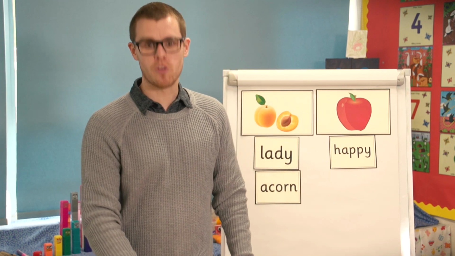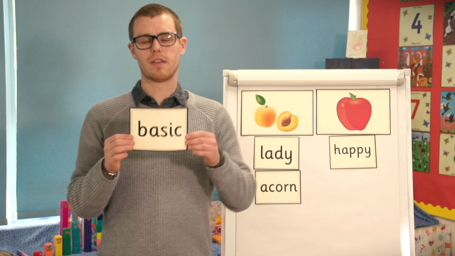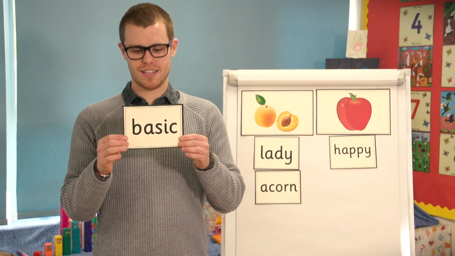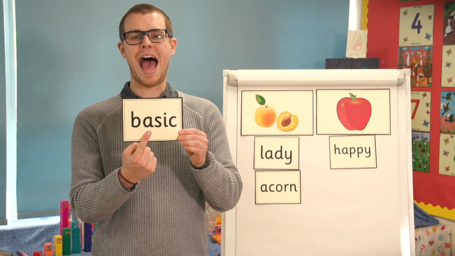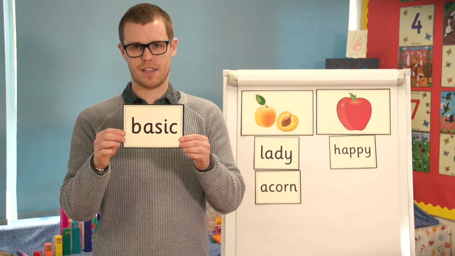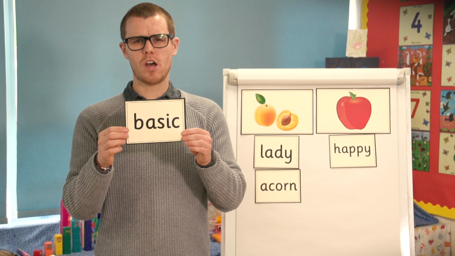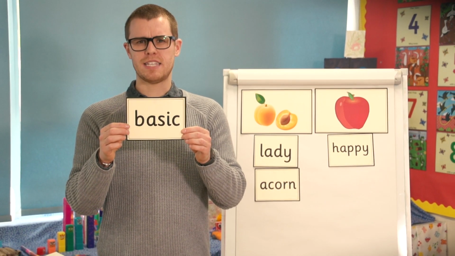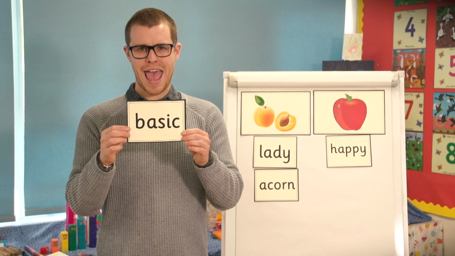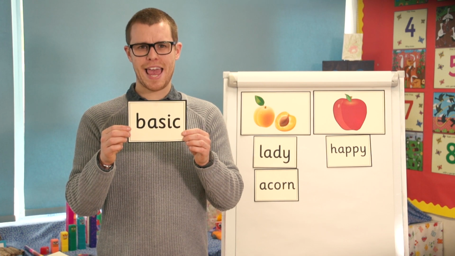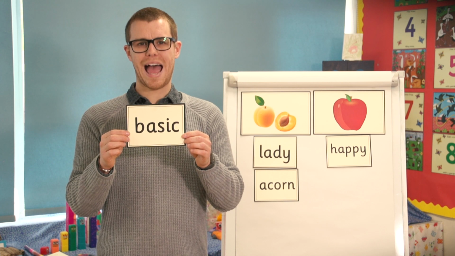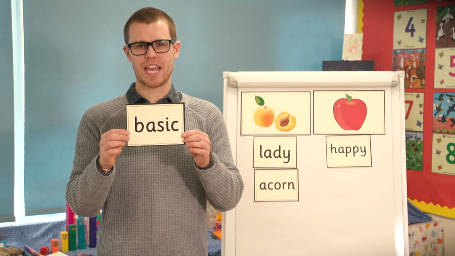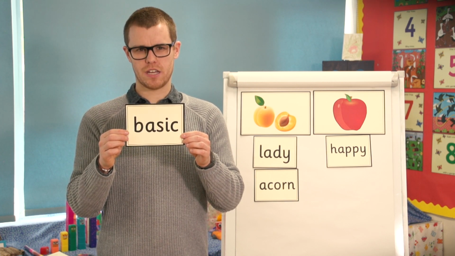Let's look at another word. Here it is. Help me work it out. Is it B, A, S, I, K or B, A, S, I, K?